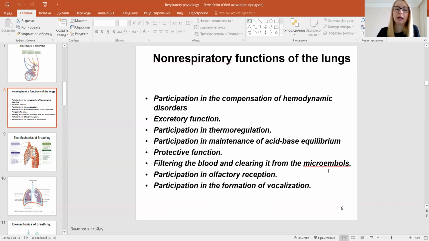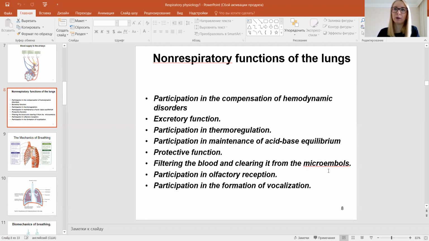Next one is blood filtration and removing of microemboli from the blood. It means that the venous blood is purified from microemboli while it passes through pulmonary vessels by means of filtration into alveoli and the following excretion of sputum.